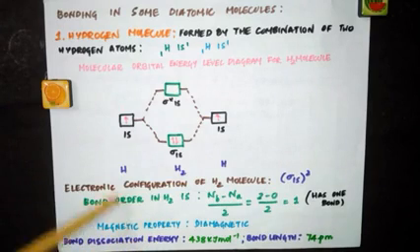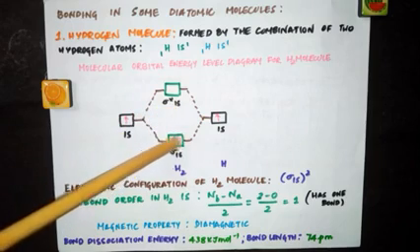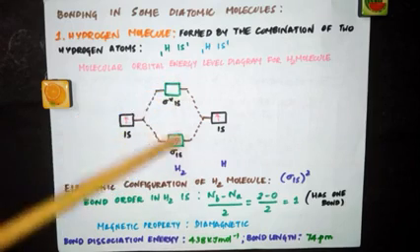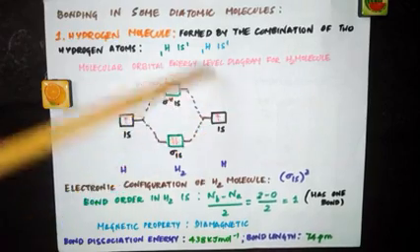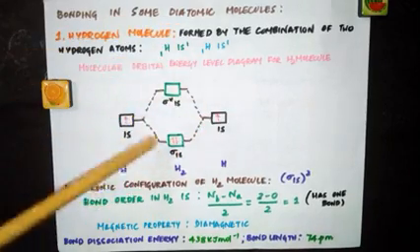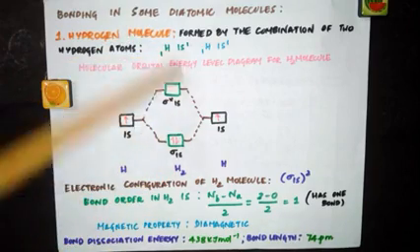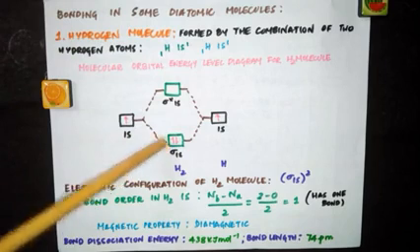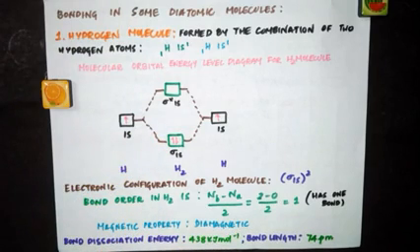Now coming to magnetic property, see here in molecular orbital electrons are paired. We don't have any unpaired electrons. You should not look at this. This is atomic orbital. We are talking about hydrogen molecule's magnetic property. So you have to look at the molecular orbital. All electrons are paired. So the magnetic property, it is diamagnetic.